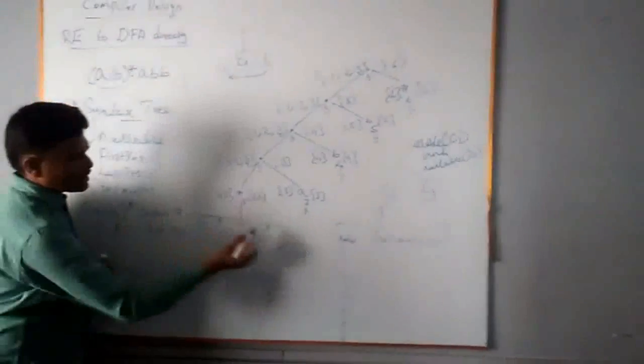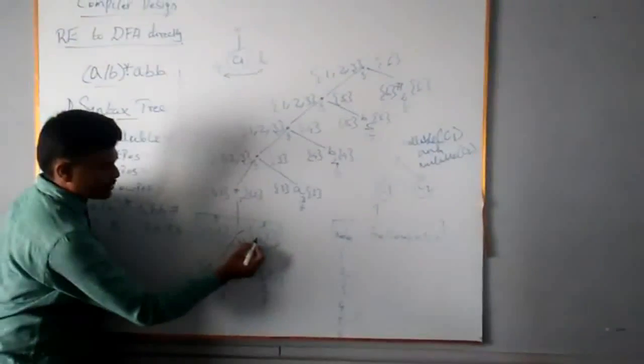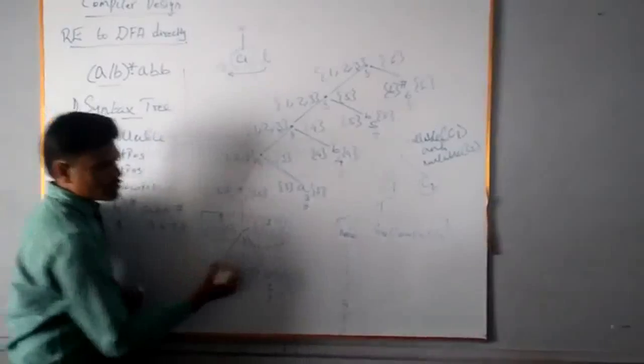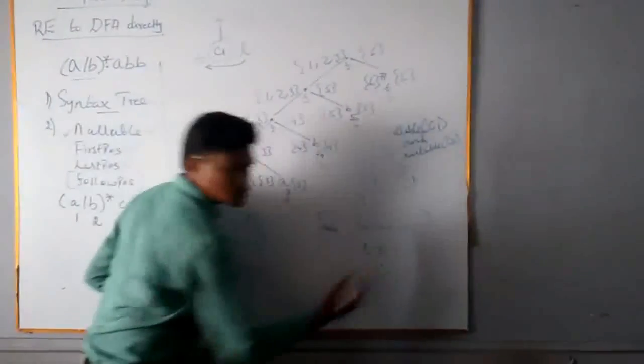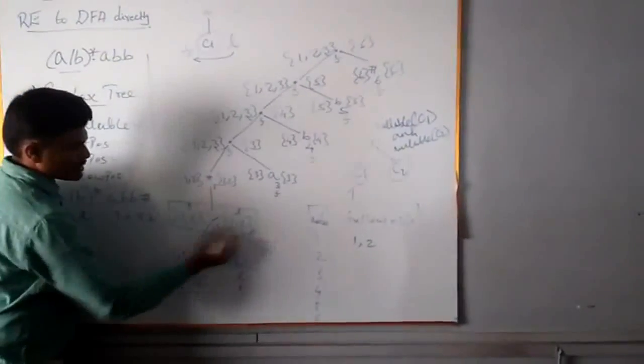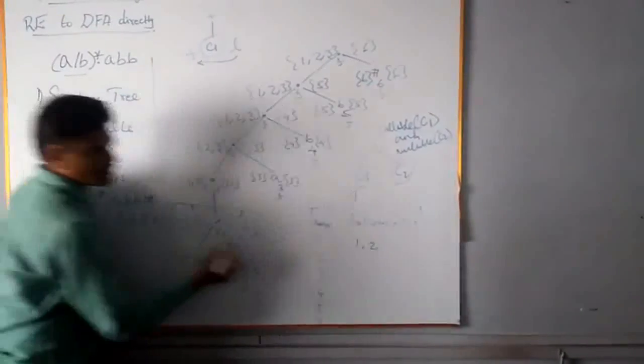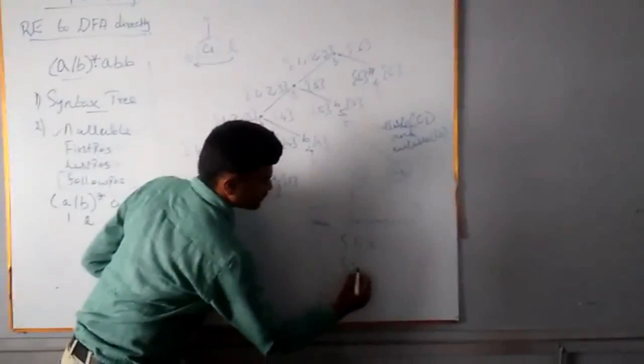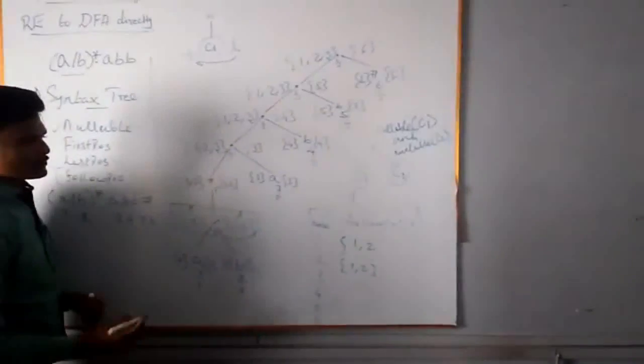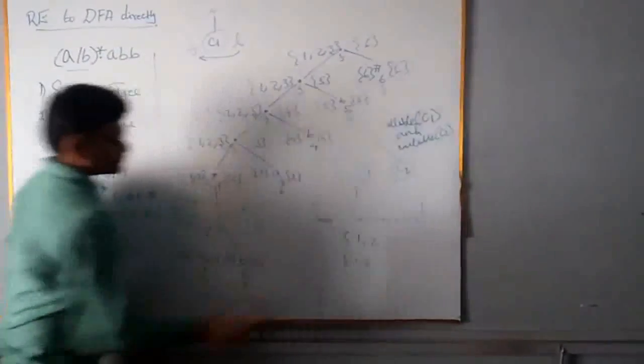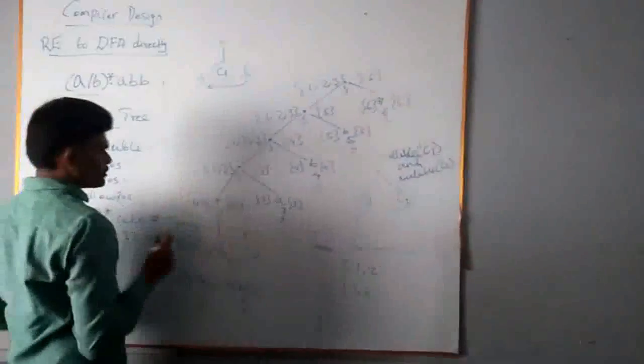For each and every last position there will be a follow. So for 1 the follow is 1 comma 2, and for 2 the follow is also 1 comma 2. Okay, so this is the rule for the star operator.